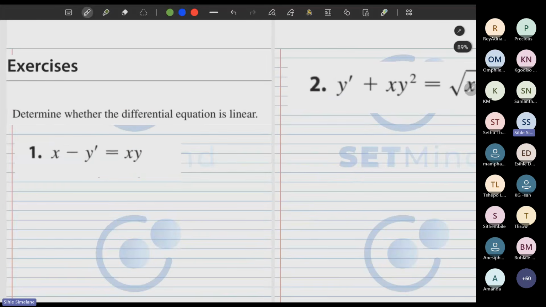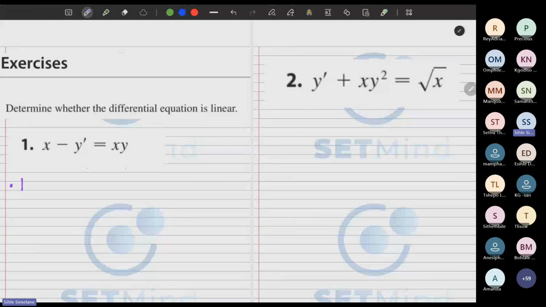So the first problem that I have for you here is we need to determine whether the differential equation is linear or not. So can we guys agree that this is a first order differential equation? Why? Why is this a first order differential equation? Anyone, guys?